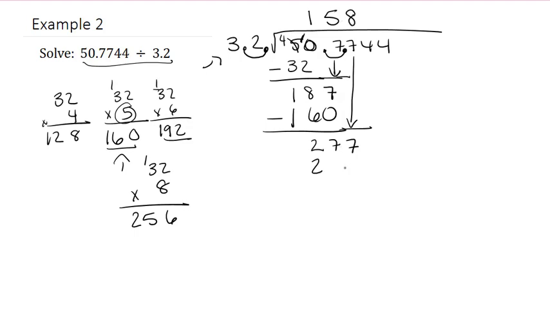Because if we do another one, I think it'll be way too large because 32 plus 56 will be past the 80s, 280. So now we have this subtraction. 7 minus 6 is 1. 7 minus 5 is 2. Now we bring down that 4.